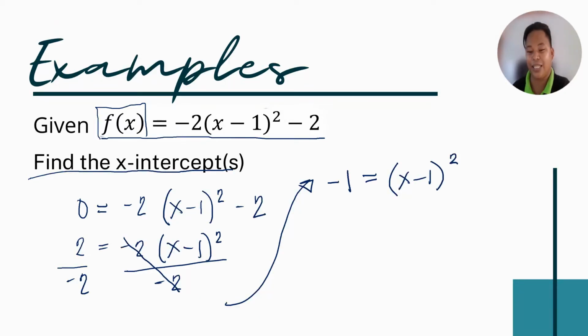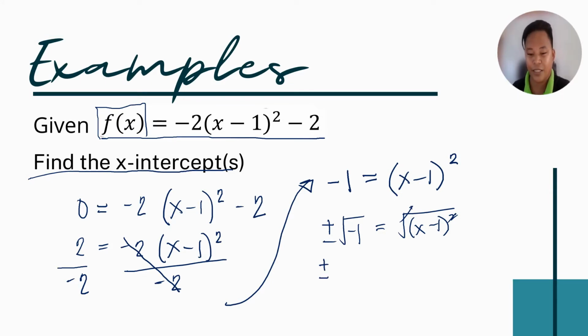Since square po yung nandito, we're going to take the square root of both sides since ang exponent po natin dito is 2. And we're going to have the positive negative square root of negative 1 is equal to the square root of x minus 1 squared. Cancel square root here and cancel the exponent 2.